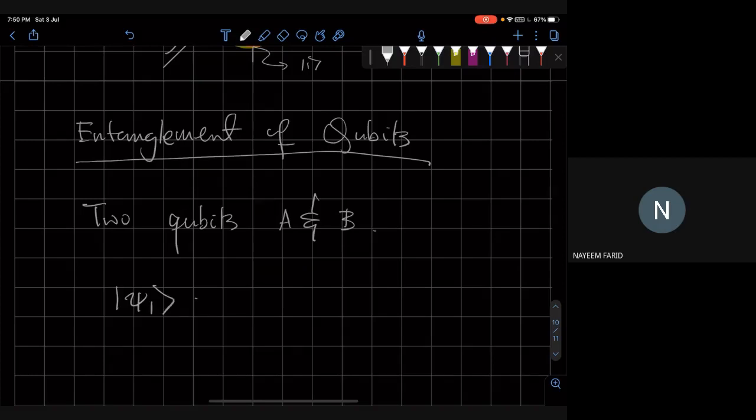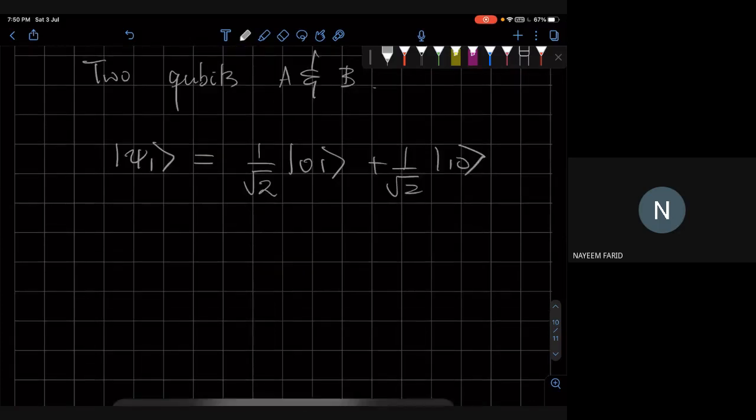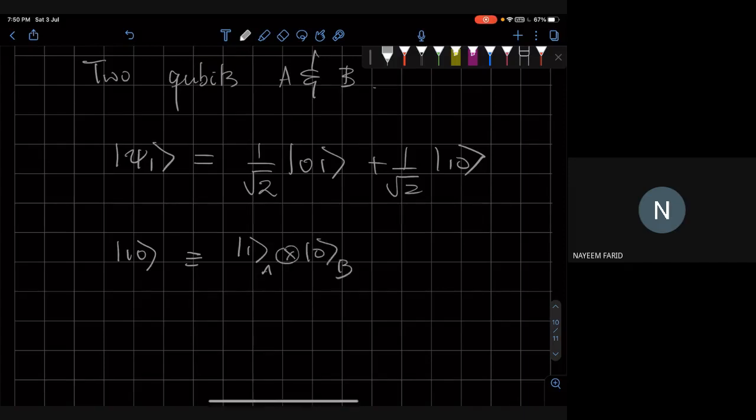I'm going to call it psi 1. Where 1, 0 by 1, 0, we mean 1A cross 0B, and 0, 1 is 0A cross 1B. Okay, so this is a shorthand notation. The first position is the state of the A qubit, and the second position is the state of the B qubit. Okay.